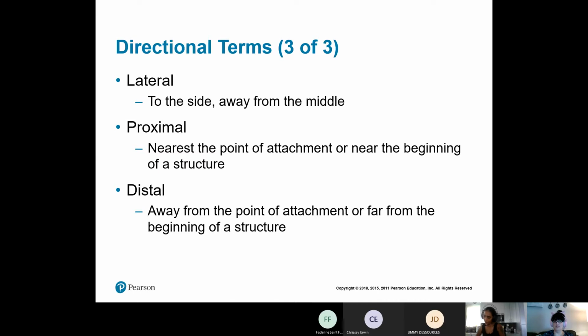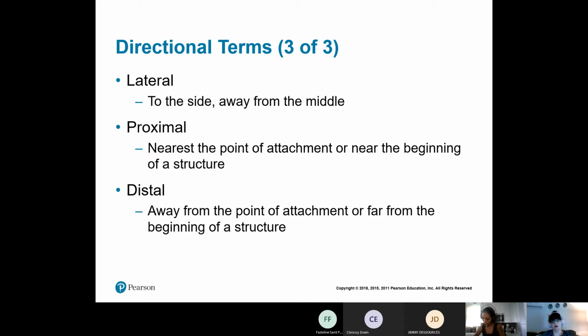That's how I remember distal. Distal, distance, because it's meaning away from the attachment point. So my thumb is distal to my elbow. Does that make sense? Okay. My toe is distal to my knee.